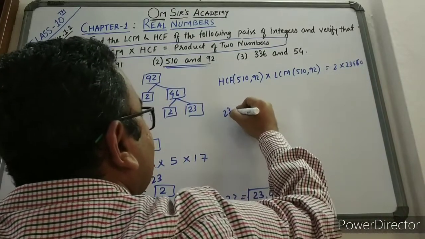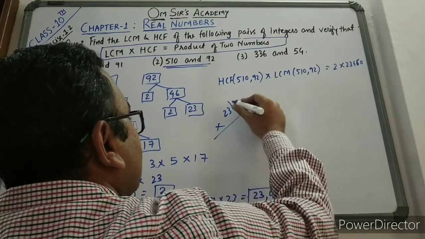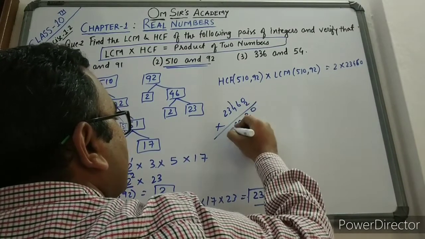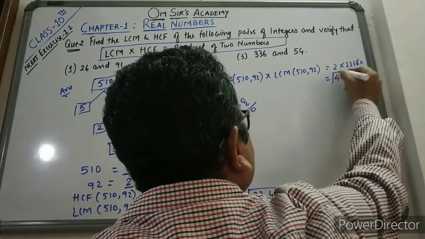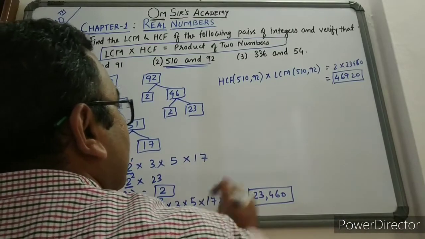So 23,460 into 2 is what? 2 6s are 12, 2 4s are 8 plus 1 is 9, 2 3s are 6, 2 2s are 4. So it is 46,920. Is it clear?